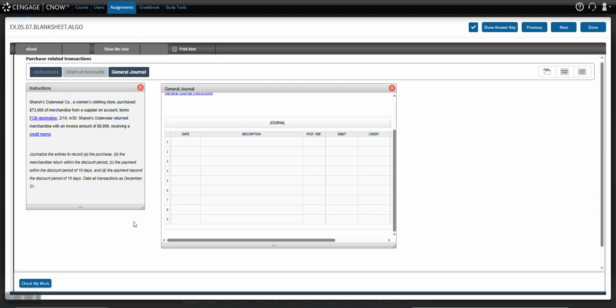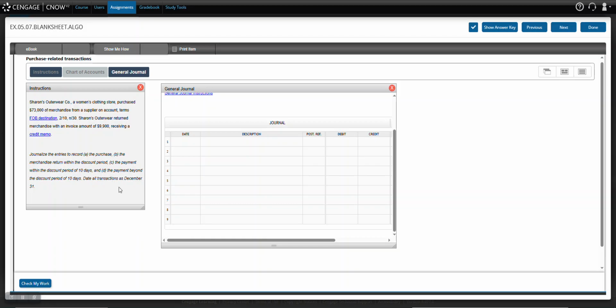So 2/10, net 30 stands for a 2% discount if the balance is paid in 10 days. The N stands for net, meaning the outstanding balance is due in 30 days. No matter what, I have to pay this company back in 30 days. But if I can pay them sooner, I get to take a discount off what I owe.